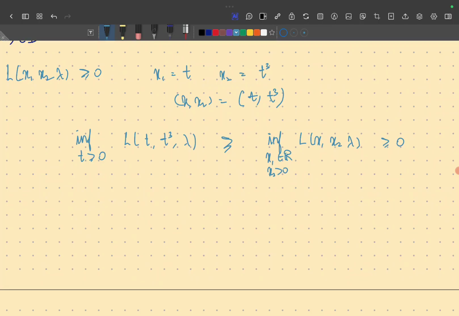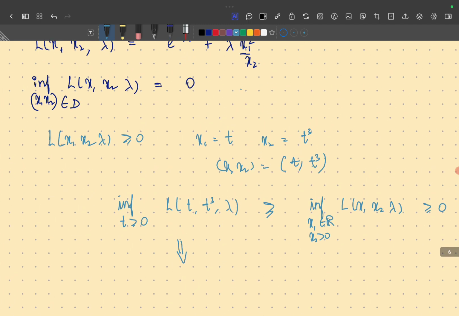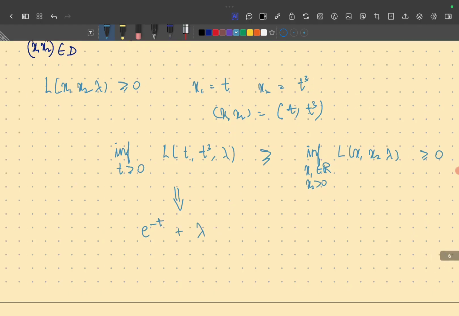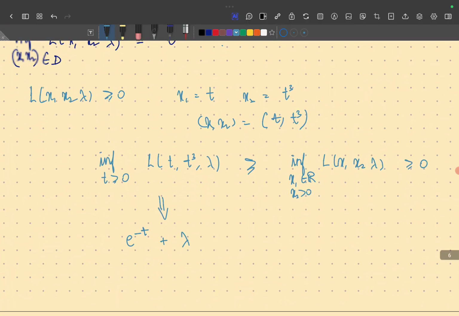All right. So let me try to solve for this. What is it equal to? So what is L of t cube lambda? It is e to the minus t plus lambda times t square divided by t cube. So it is e to the minus t plus lambda times 1 over t. What is the infimum of this over all t greater than 0?